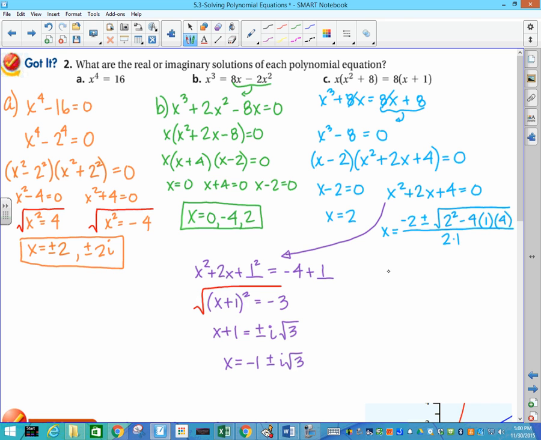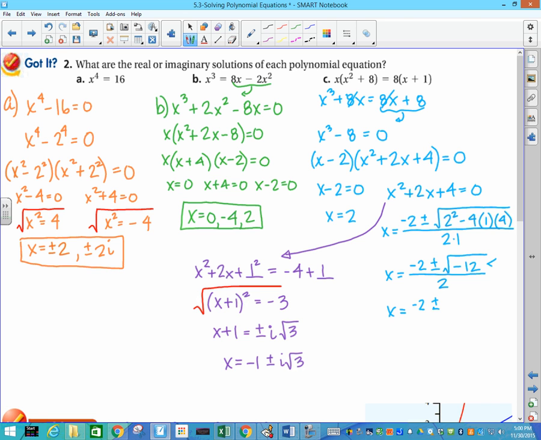And a is 1. Okay, so that becomes negative 2 plus or minus the square root of 4 minus 16 is negative 12, all over 2. And then you got to simplify this, so that gives me x equals negative 2 plus or minus.